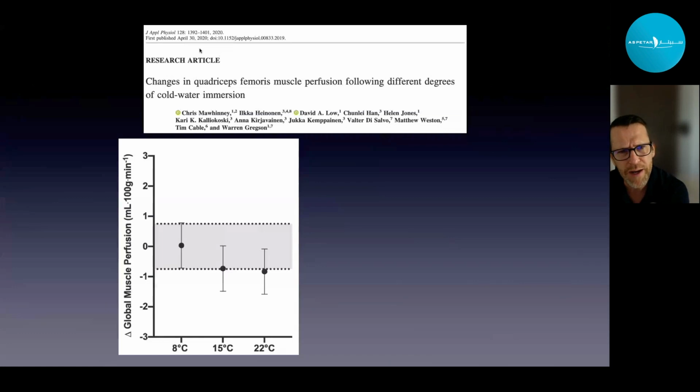By definition, we didn't see any reduction in global perfusion because, as you can see here, the 95% confidence interval, the upper limit, is still inside this 0.75 zone. For us to see a change, you'd have to have that upper 95% confidence interval below the dotted line. So we didn't see any global reduction. Overall, there was no significant drop in flow inside the entire quad muscle, okay? And that's the first time this has ever been shown.